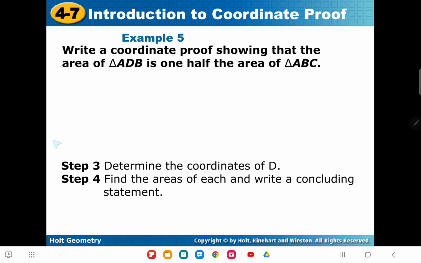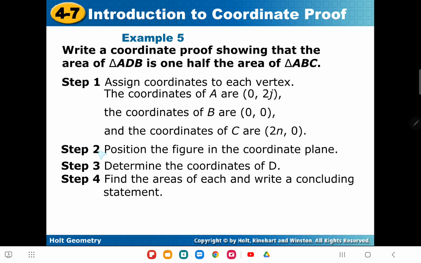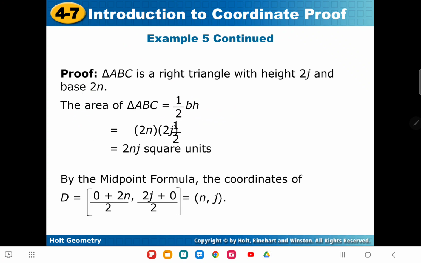All right, so we're going to write a coordinate proof showing the area of ADB is 1/2 the area of ABC. And we're going to assign coordinates to each vertex. Let's look at our diagram here. We're given that D is the midpoint and ABC is a right triangle with height 2j and base 2n.